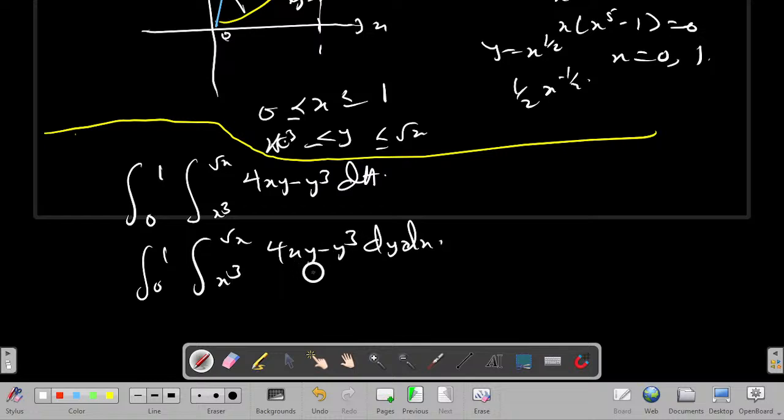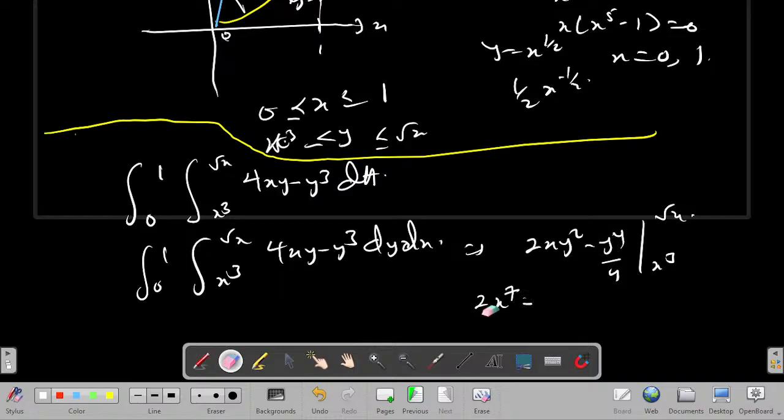What are you getting? You get 2xy squared minus y to the power 4 over 4. You put in x cubed, you put in root x. When I put in x cubed, wherever I see y, this will be x to the power 6, so 2x to the power 7 minus... oh no, I have to put the bigger one first.